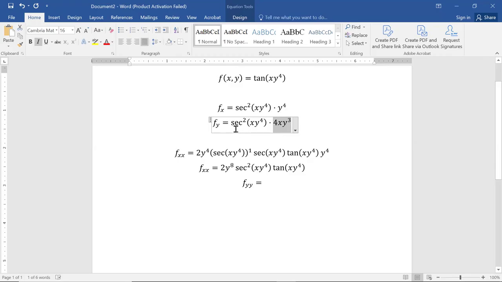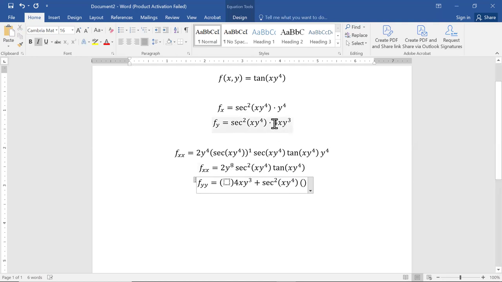So the product rule says take the derivative of the first component times the normal second component plus the normal first component times the derivative of the second component.